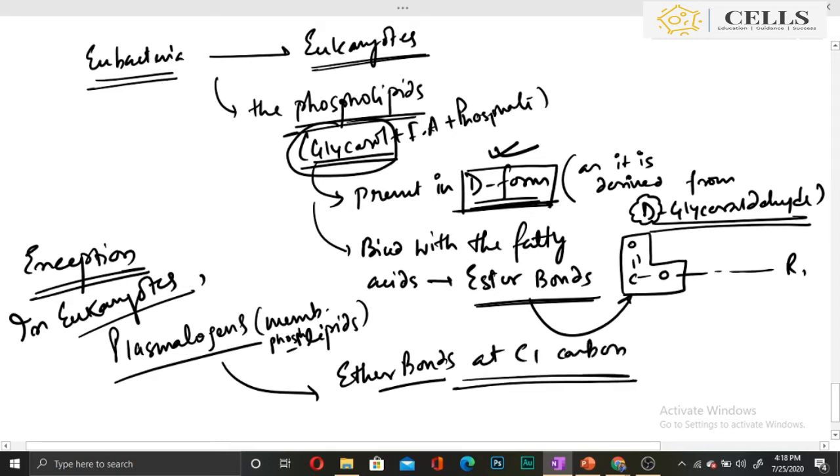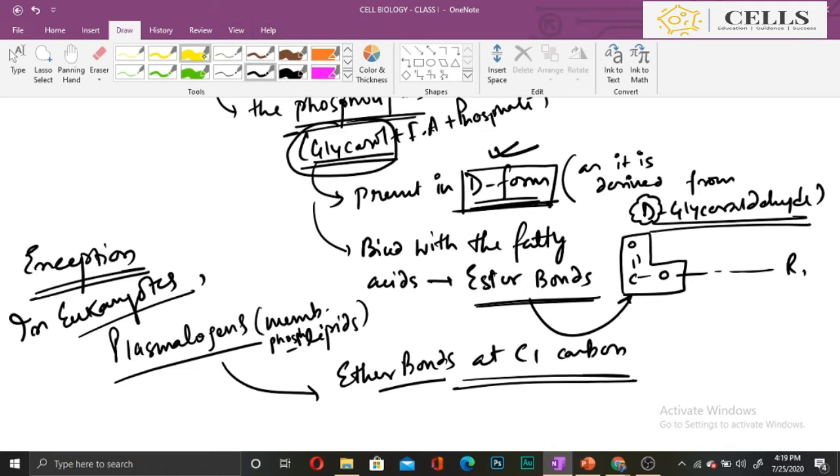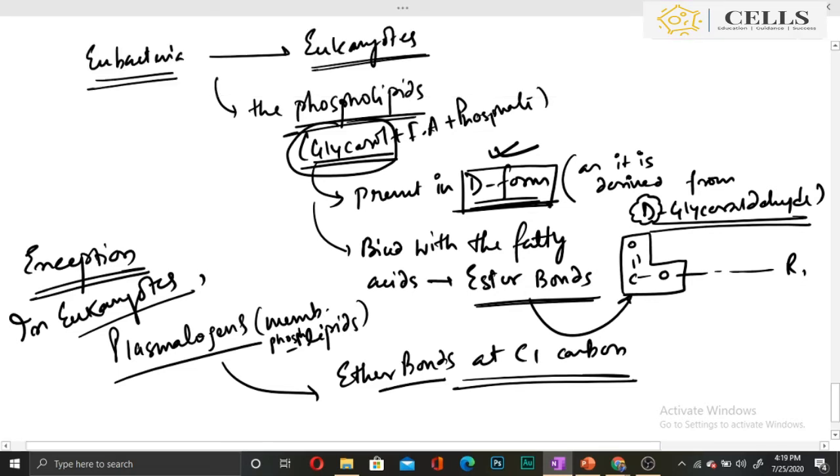That is an exception you have to know and remember. Many entrance examinations actually ask this type of question. So they are having what bond? They are having ether bonds at C1. So which exception is very important?